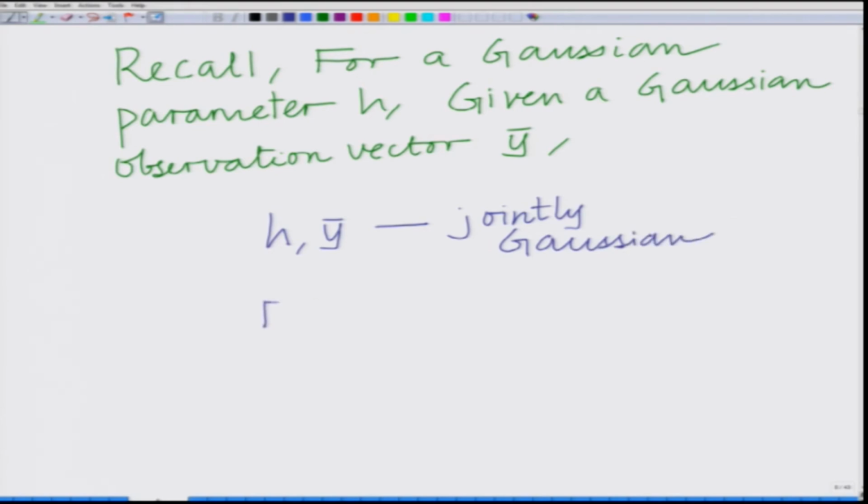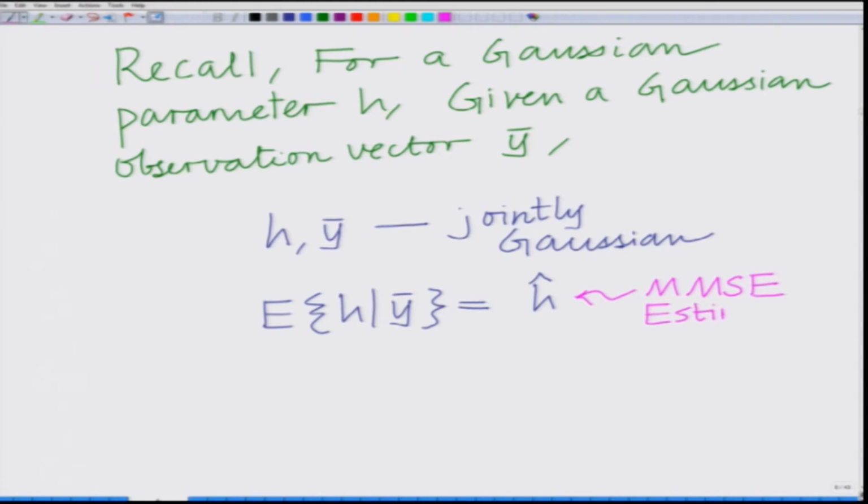Then we have the expected value of h given y bar, this is the MMSE estimate, h hat. In fact, we have shown this in the very first few lectures, where we derived the expression for the MMSE estimate and showed that it is nothing but the expected value of the parameter h given the observation vector y bar. Okay, that is the expression for the MMSE estimate.